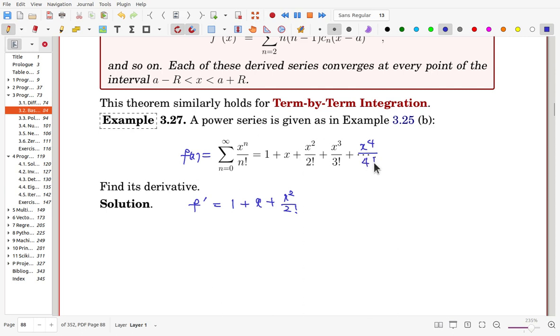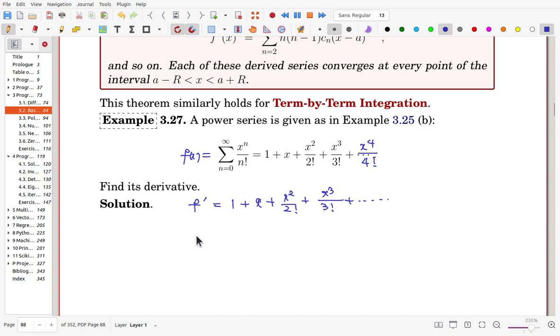If we take the derivative of this term, then again there will be x to the 3, 4 will come out and cancel with the 4 here, and the remainder is 3 factorial, and so on. Now you can compare these terms and that one. They are identical.